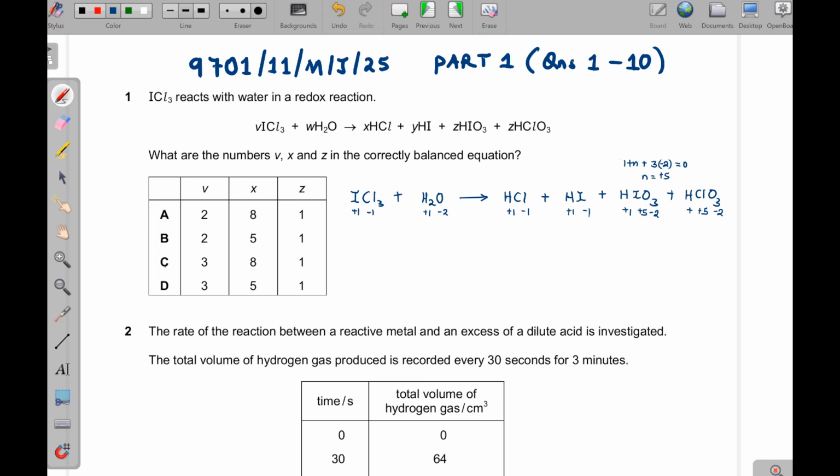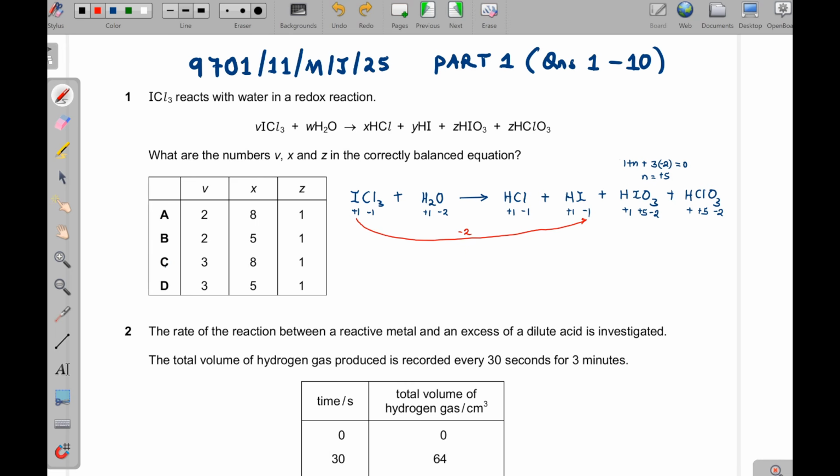Okay, now after that, let's look at iodine. So for iodine, I can see that moving from +1 to -1, the change is a -2. You see that? So 1 minus 2, you get -1. The oxidation number change there is a -2, or I can just take it as a 2.